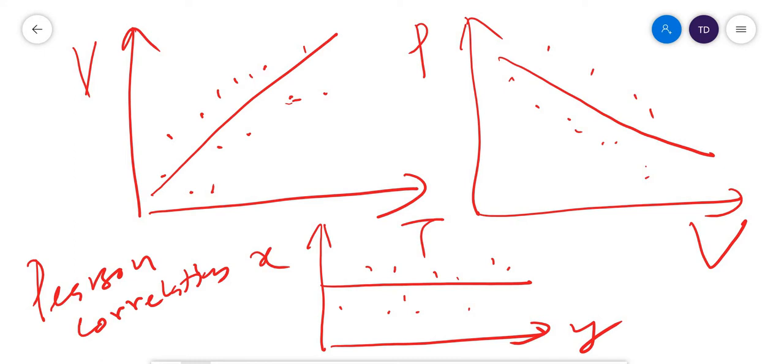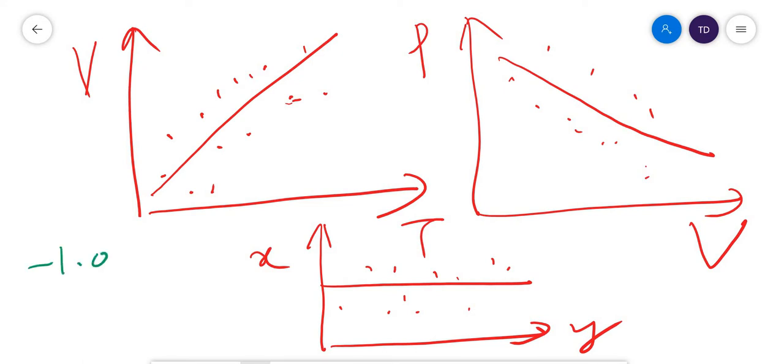There are different types of correlation, but the most common one we use is the Pearson correlation, and its value changes between minus 1.0 and 1.0. It's very important.